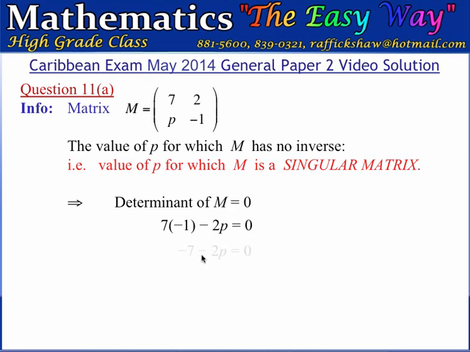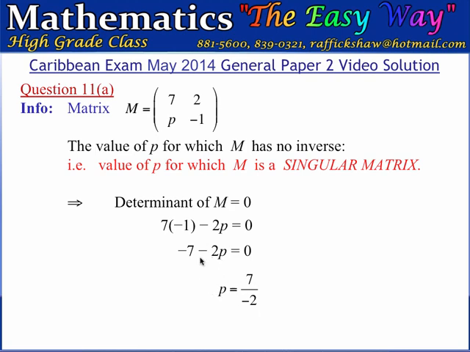So this reduces to negative 7 minus 2P, because 7 multiplied by negative 1 here is negative 7. And when we transpose to make P the subject, it comes out to be 7 divided by negative 2. And this is obtained by firstly taking this negative 7 onto this side, where it becomes a positive 7, and then we divide by the negative 2.